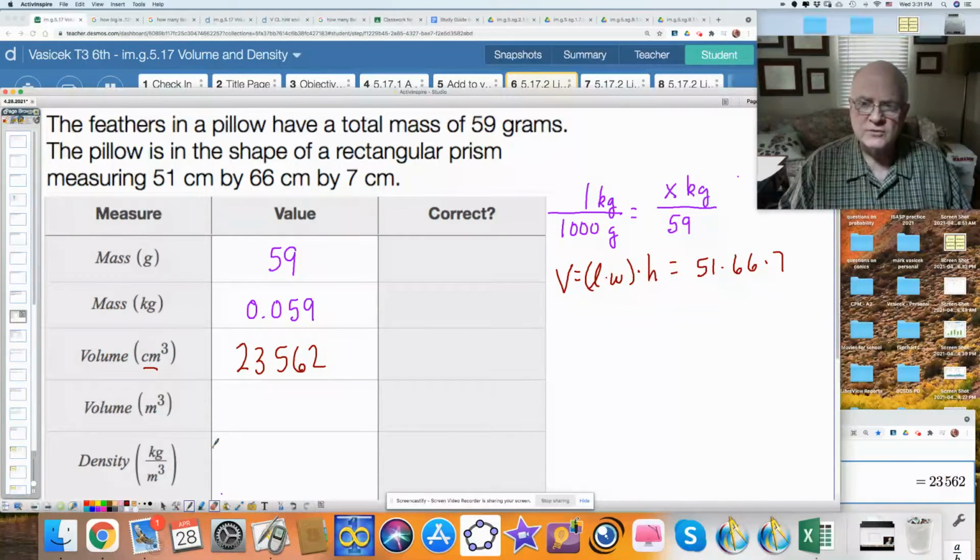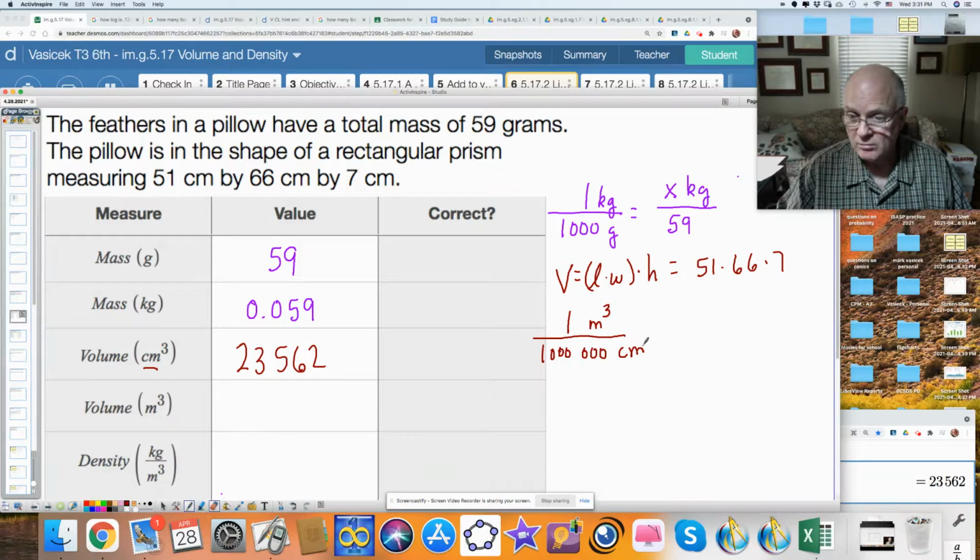Now, to convert this number to meters cubed, I know that there's 1 meter cubed for every 1,000,000 centimeters cubed. And so if I substitute the values here, we could call this y, since we've already used x.